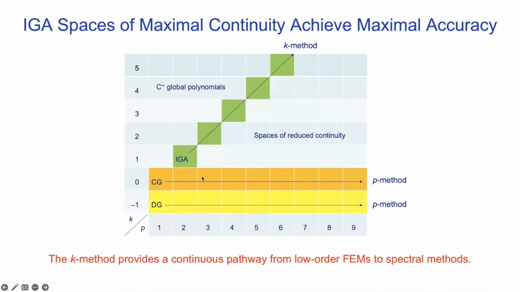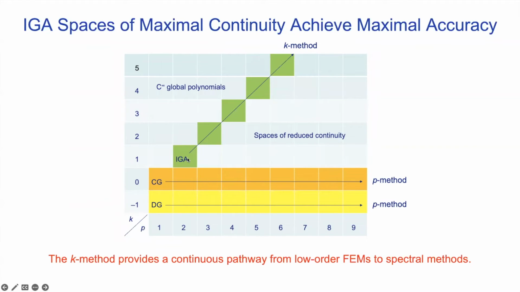Pictorially, what's going on here, you can think of a space of polynomial degree and smoothness. And for discontinuous Galerkin, of course, the smoothness is -1. Continuous Galerkin is 0. As you go to higher polynomial degree, you go this way here. Now, with IGA, you have all sorts of possibilities. But if you go the maximal smoothness route, as I just advocated, you go up along this diagonal here.